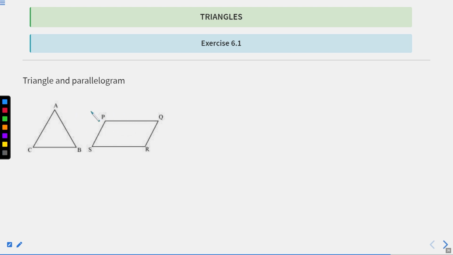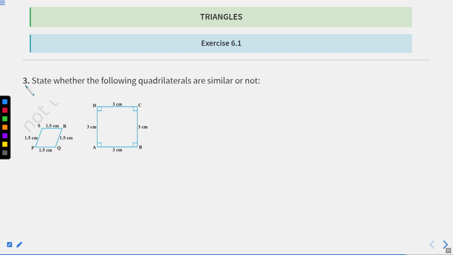Now let us move to question number 3. In question number 3, we have to state whether the following quadrilaterals are similar or not. Here their corresponding sides are in the same ratio. You can easily find that their corresponding sides are actually in the same ratio.